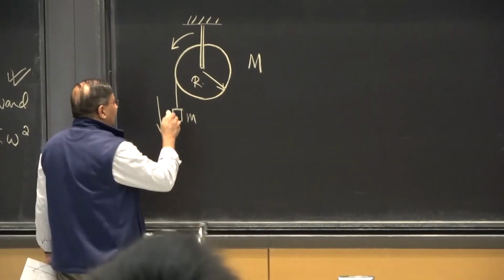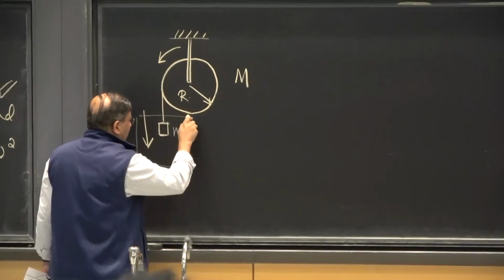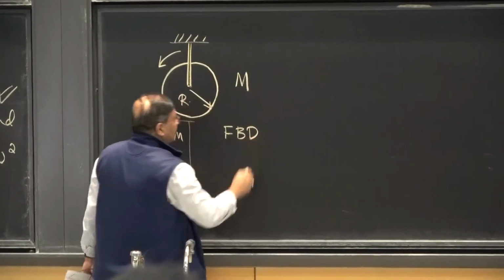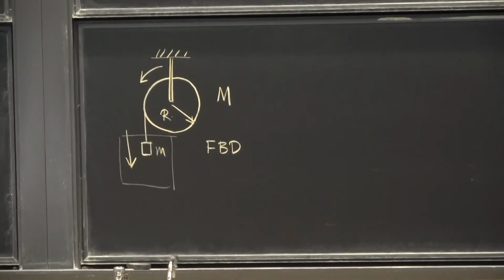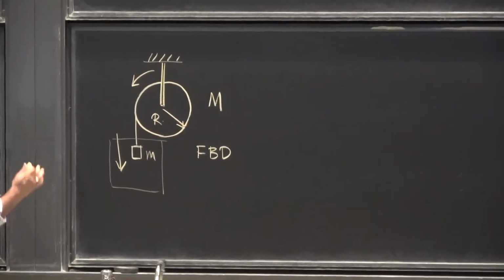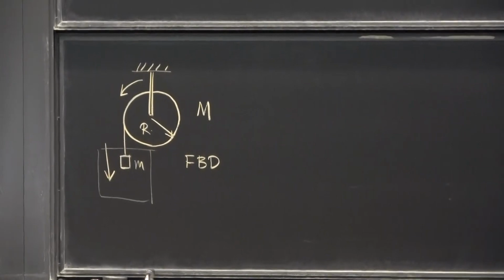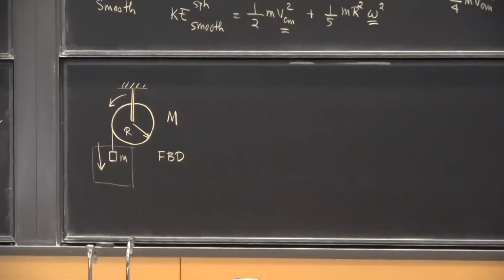So let us do a free body diagram of what's going on for small m. I would just write FBD to remind you that we are doing a free body diagram. So we are actually resurrecting everything we have learned from chapters 4 and 5 and so on.